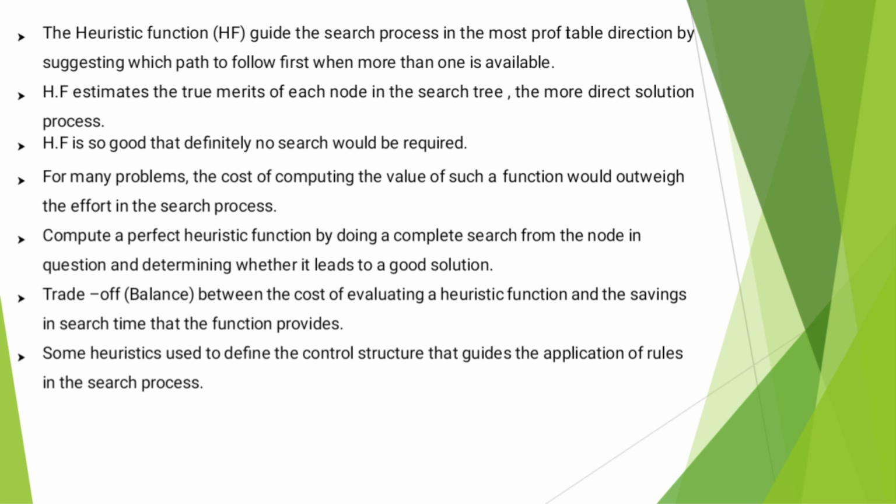You could compute the perfect heuristic function by doing a complete search from the node in question and determining whether it leads to a good solution. There is a trade-off between the cost of evaluating a heuristic function and the saving in search time that the function provides. Some heuristic functions are used to define the control structure that guides the application of rules in the search process.